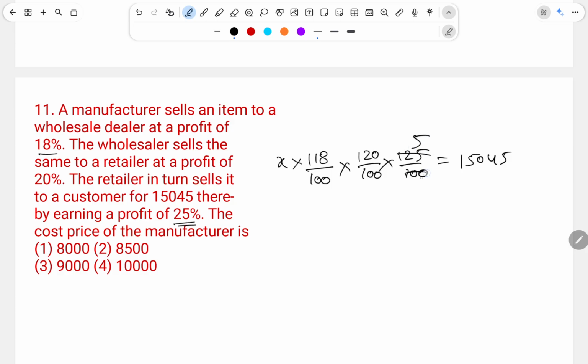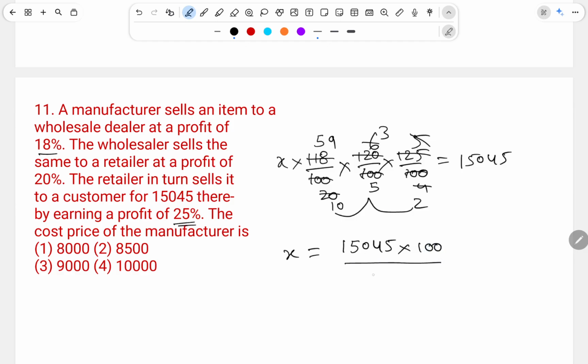Now x is equal to 15045 into 10 into 10, 100 by 59 into 3.